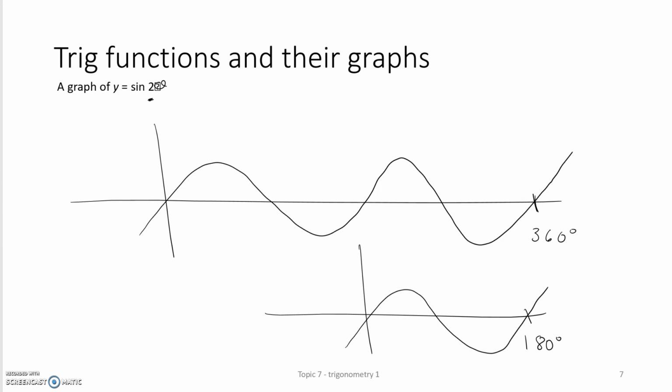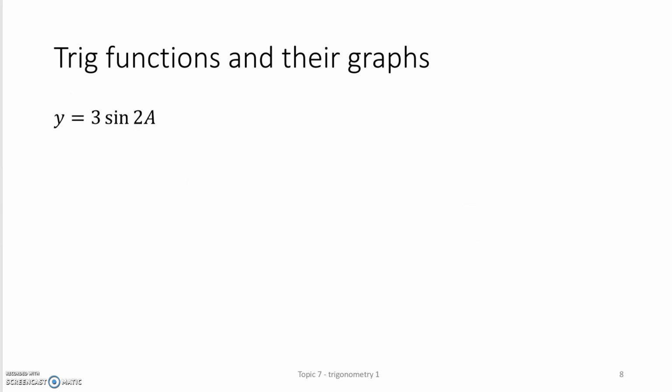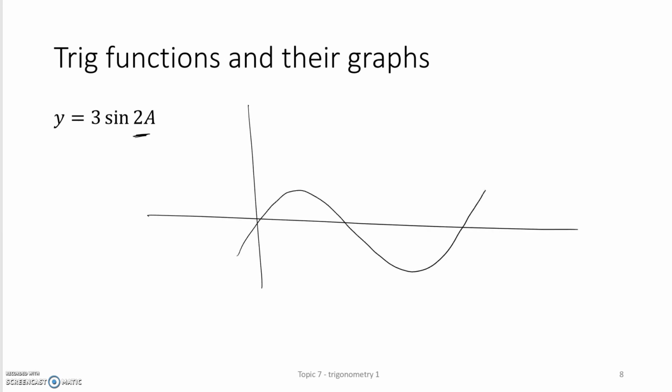So it goes around once in half of 360. This one goes around twice in 360. But the different thing now is this 3. And what that does is instead of making this 1, it makes that 3. So it's kind of stretched by 3.